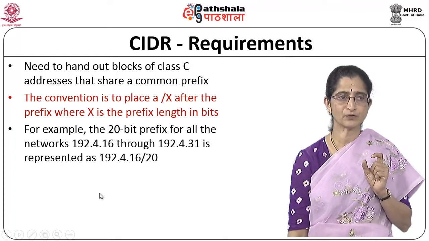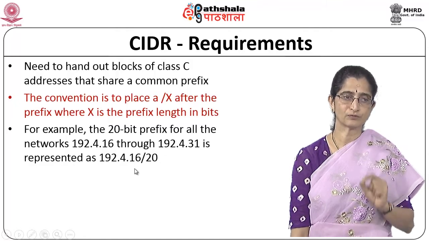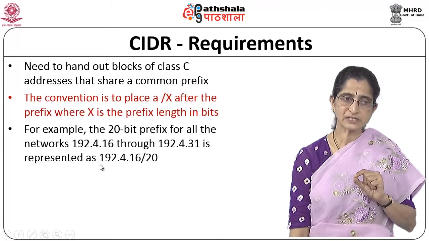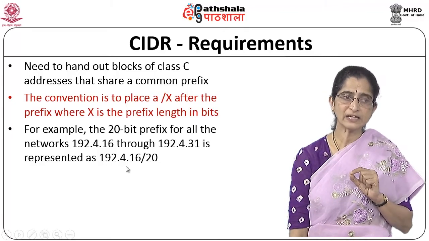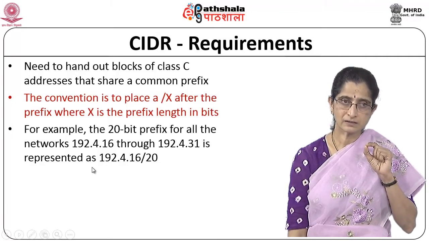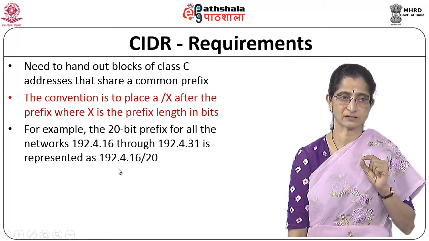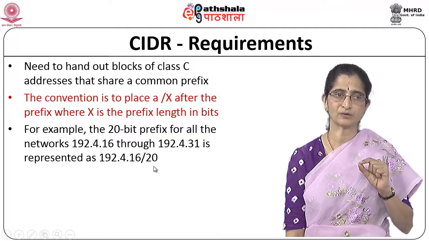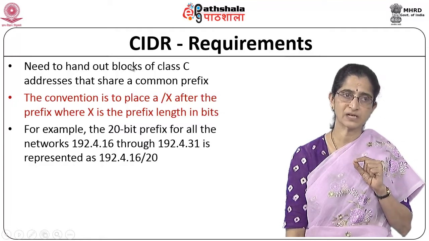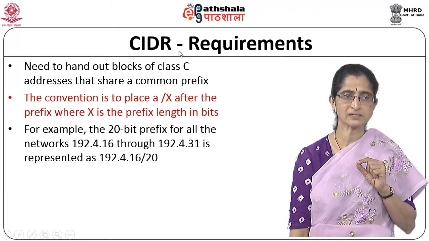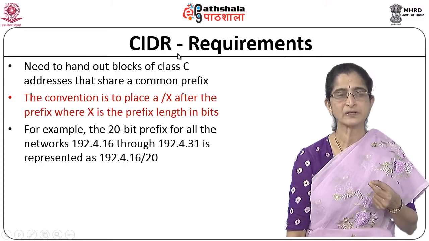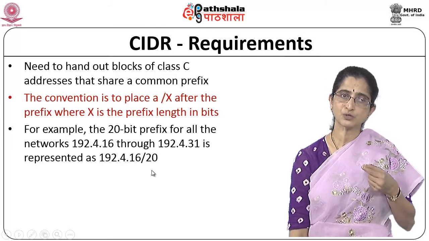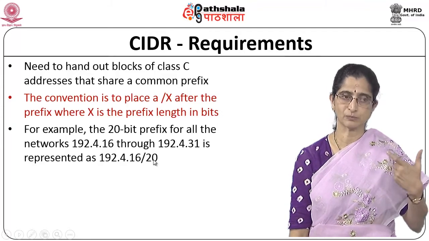If you have an address which says 192.4.16/20, it indicates that out of the entire address, 20 bits will be used as the network part of the address, as the CIDR mask. So, you will have 20 ones in your mask. Instead of calling it a subnet mask, we now call this a CIDR mask. CIDR is pronounced as "cider", and we say it's a CIDR mask. The CIDR mask will have 20 ones starting from the first bit, the most significant bit.